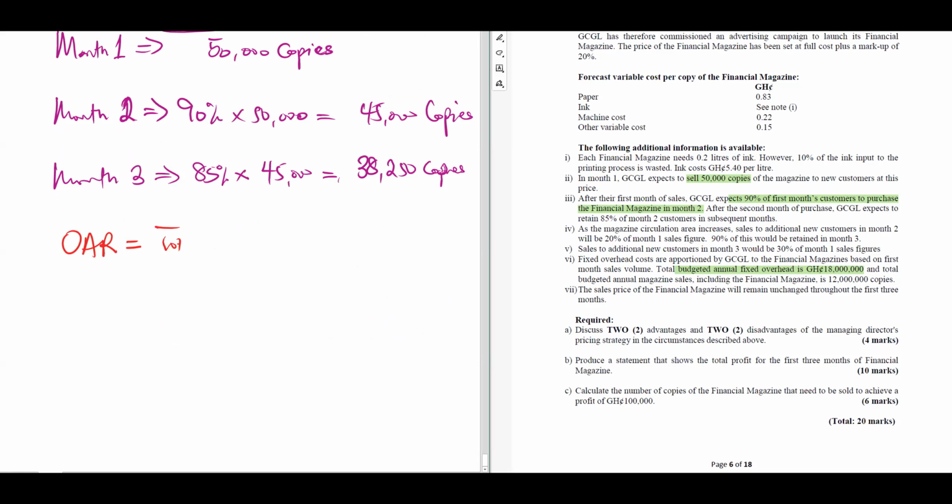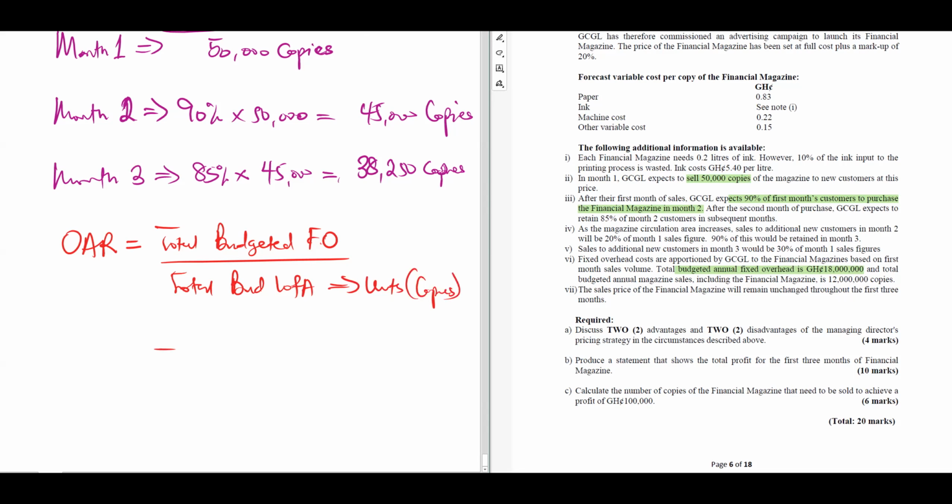Which is our total budgeted fixed overhead over our total budgeted level of activity, right? In this case, the level of activity was the units produced or the copies, right? So to get our fixed cost, we know that our fixed cost was 18 million in this case, not so, all over our 12 million copies, right?